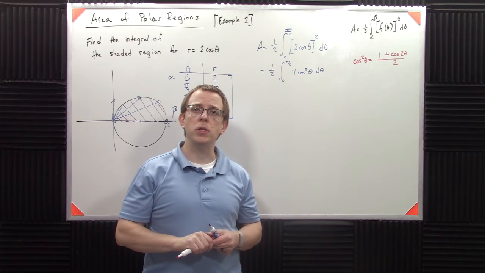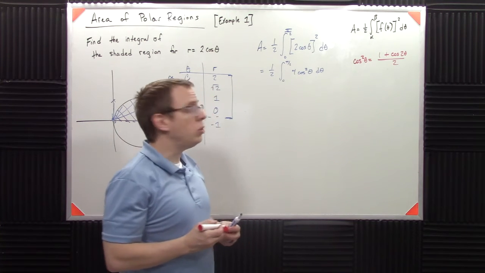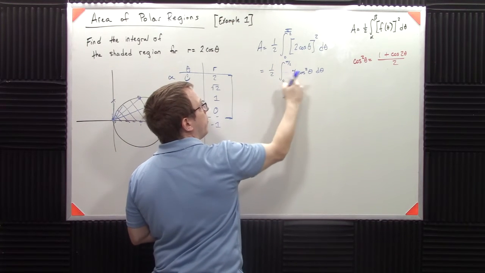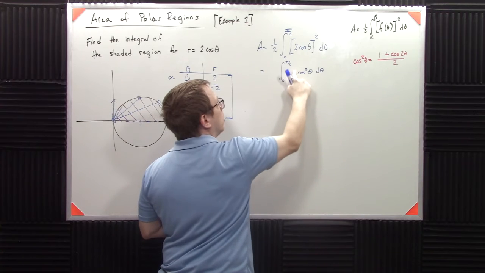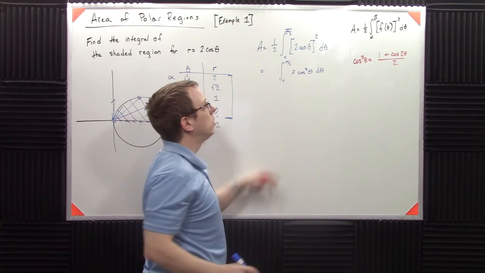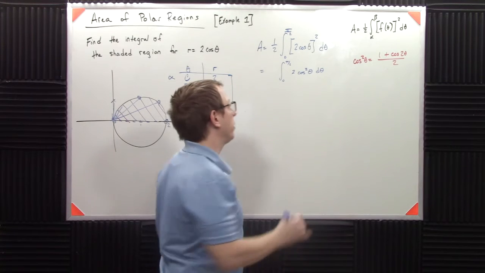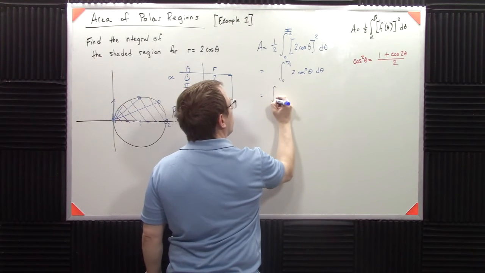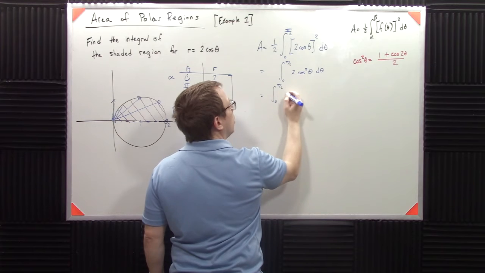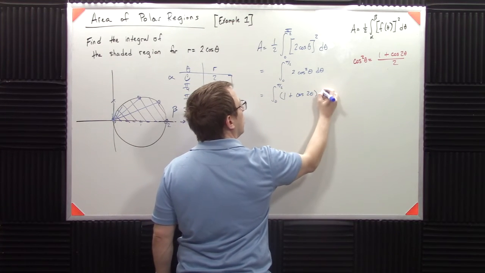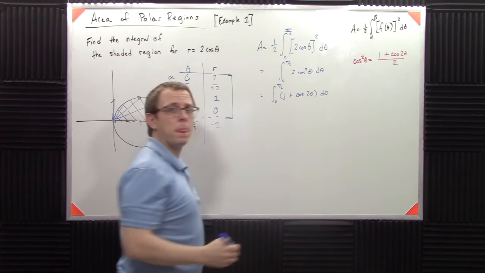So we can use that substitution here. This 1/2 technically turns that into 2, so I absorb that and cancel it with that 2 over there, and I get the integral from 0 to pi over 2 of 1 plus cosine 2 theta d theta.